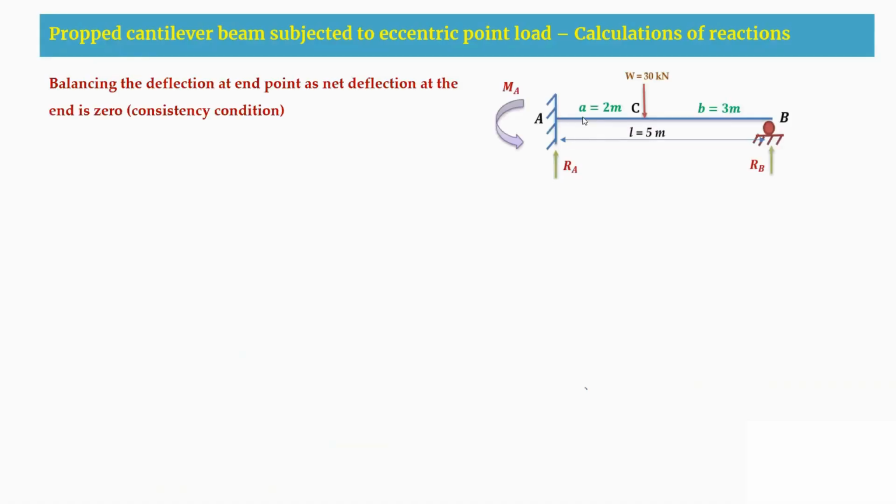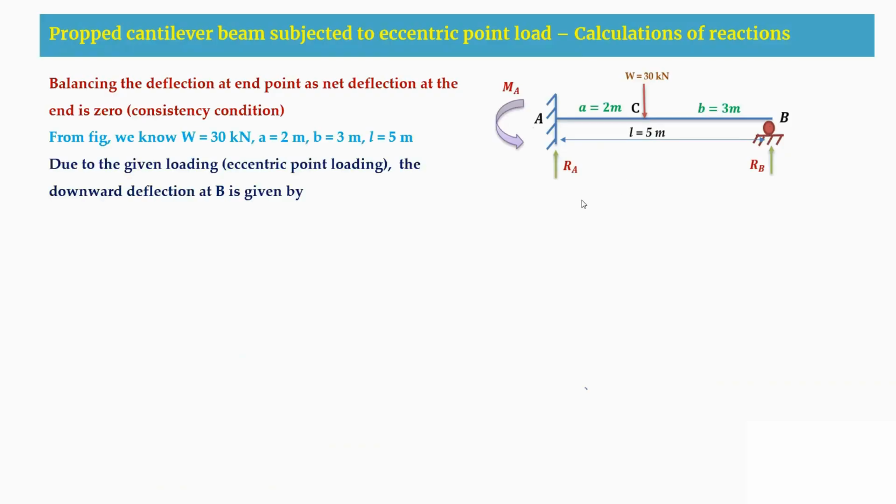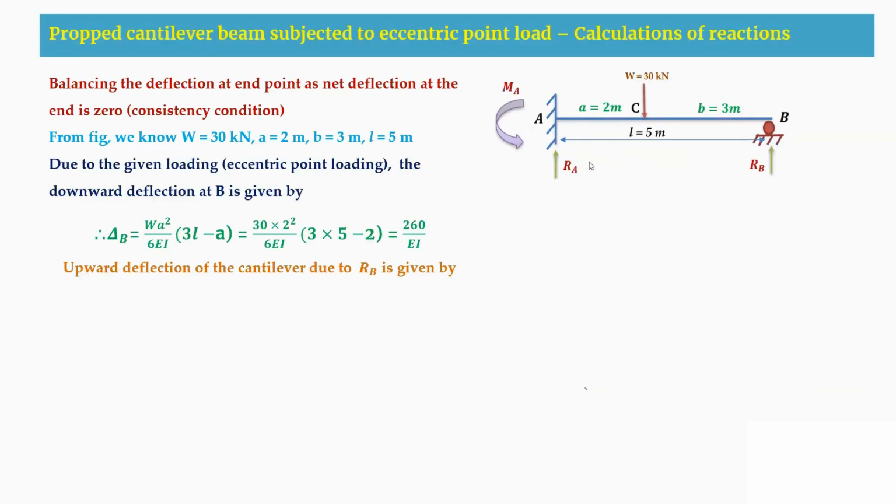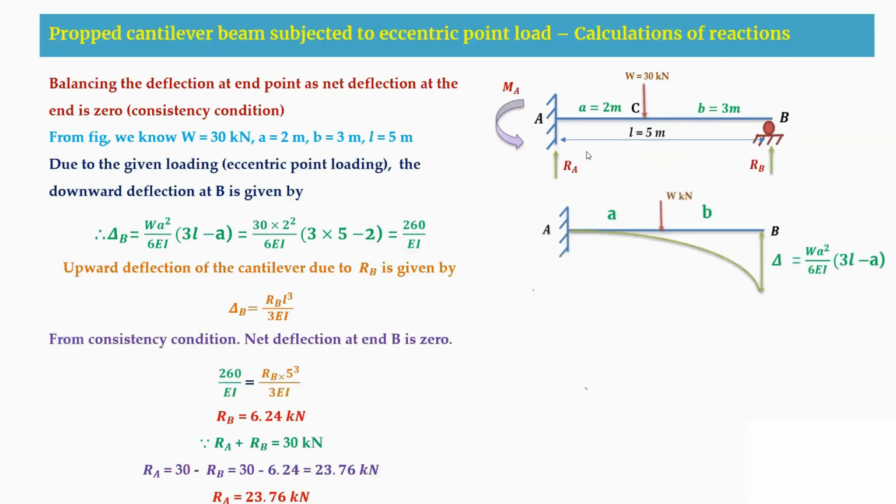As we know the consistency condition, we balance the deflection at this B portion. To balance this deflection, as a first step, I am going to make this propped cantilever beam into two parts, as we discussed in the previous slide. One part is a cantilever beam with a point load at this eccentric distance.